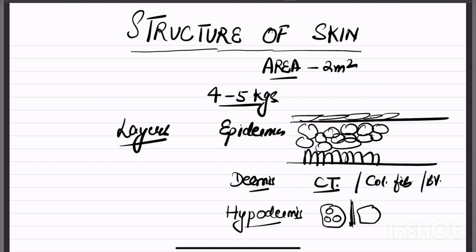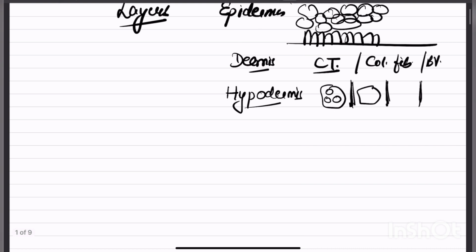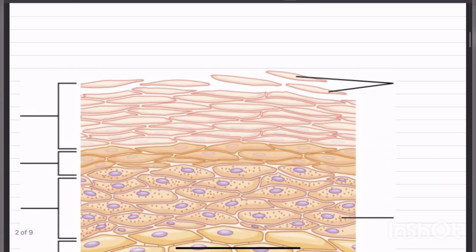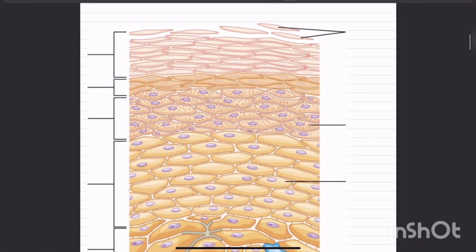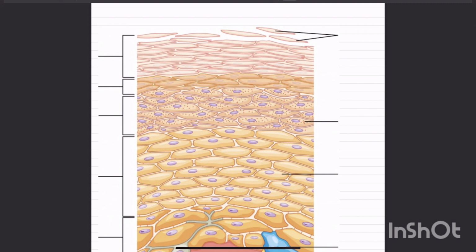Right? So now, yes, very important question will come from this particular figure. Here we have layers of epidermis, and the topmost layer is called stratum corneum.